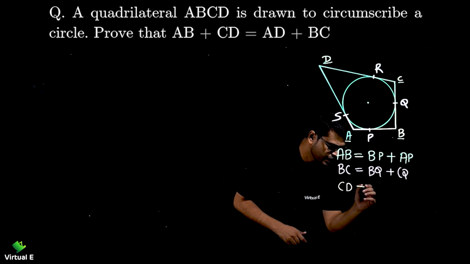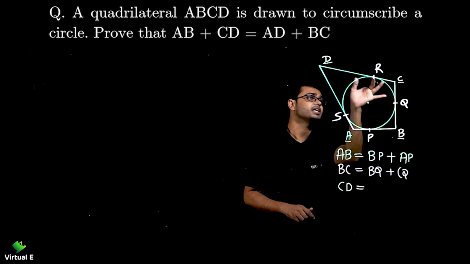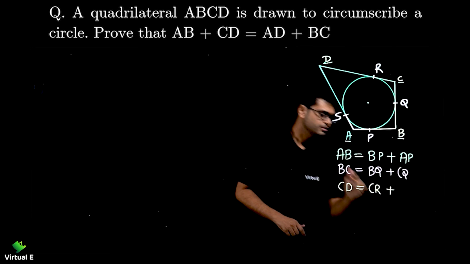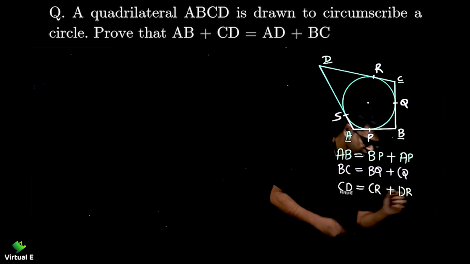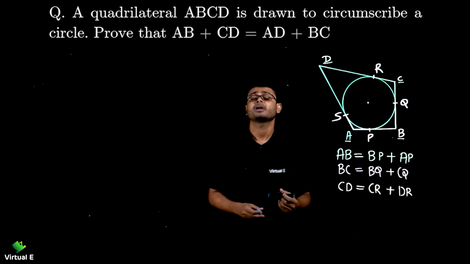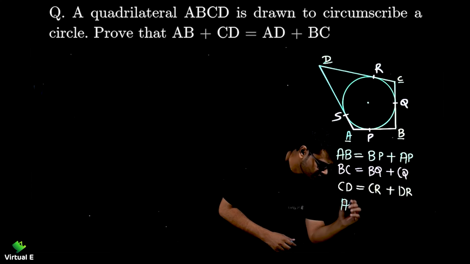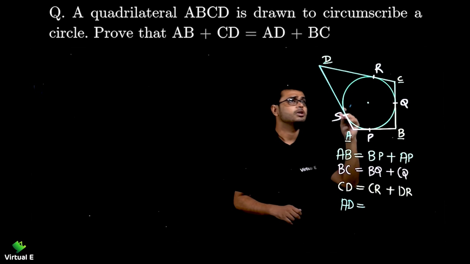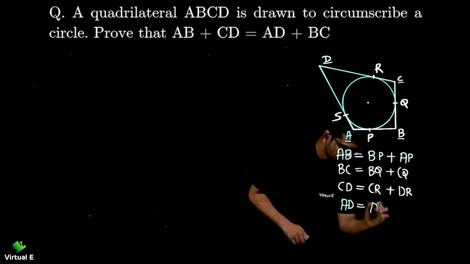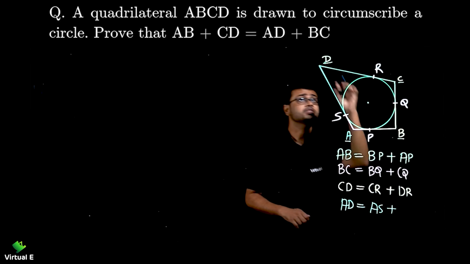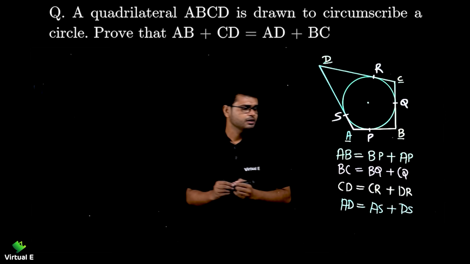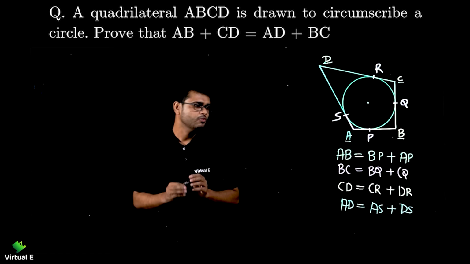CD can be written as CR plus DR. Done. And the last side which we need to prove, AD. AD is equal to AS plus DS, done. Why have I written this? We'll come to know why.